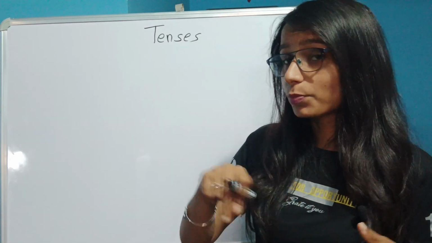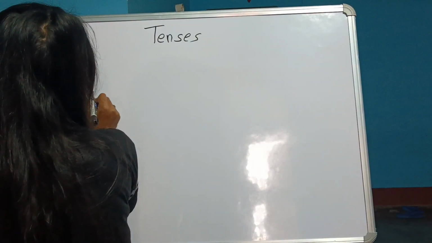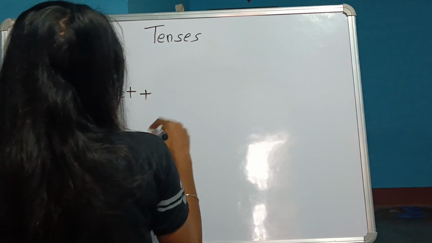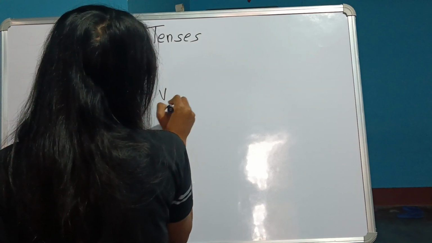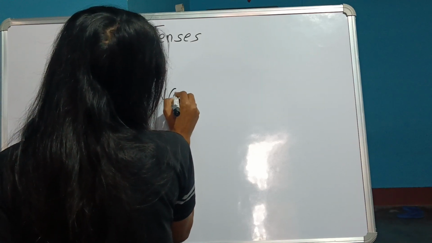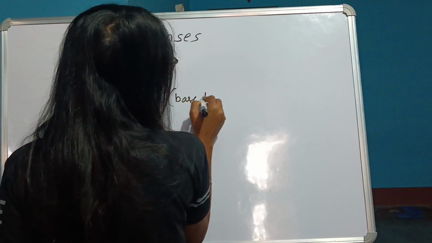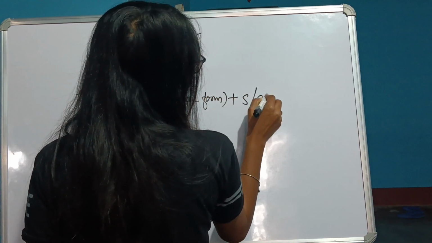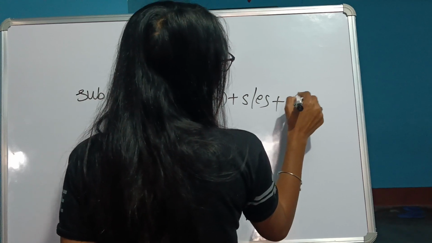The structure of the present tense is subject plus verb base form plus s or es, plus object.